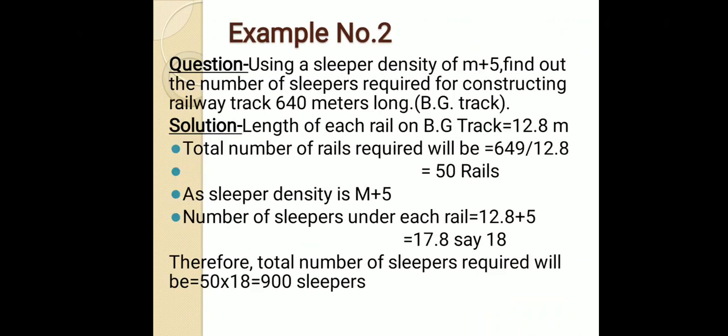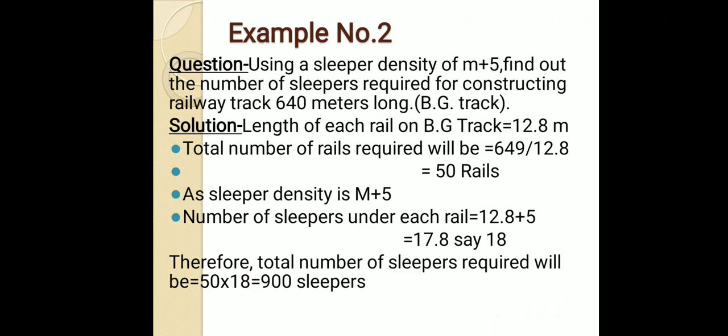Coming to the next numerical: using a sleeper density of M plus 5, find the number of sleepers required for constructing a railway track 640 meters long.